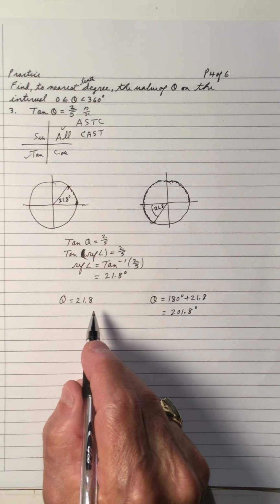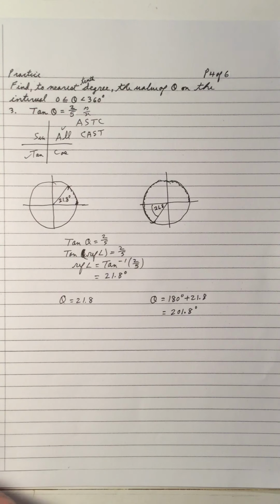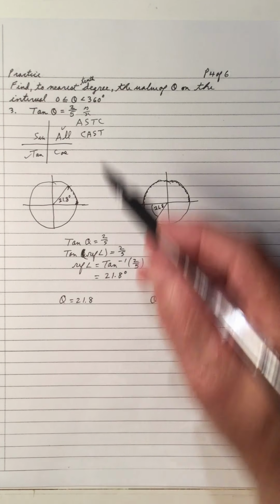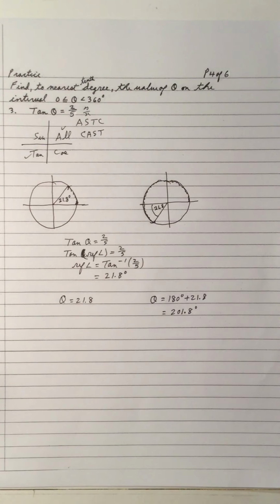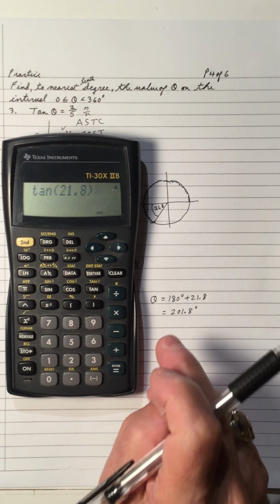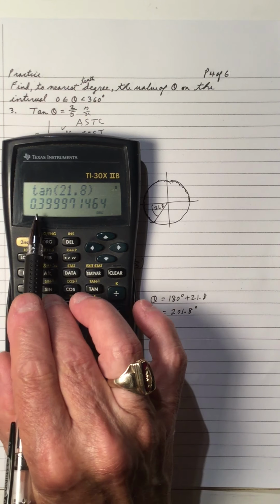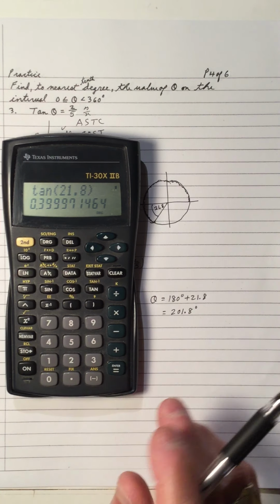If you want to check it, take 21.8 and plug it in, you should get 2/5, which is 0.4. So let's take the tan of 21.8, which should be around decimal 4. Oh, pretty good. 0.3999 is 0.4.